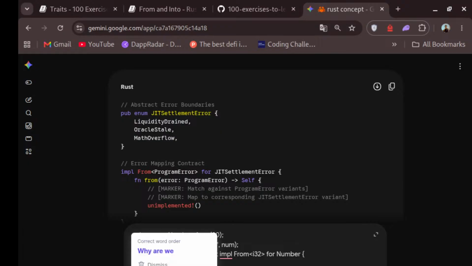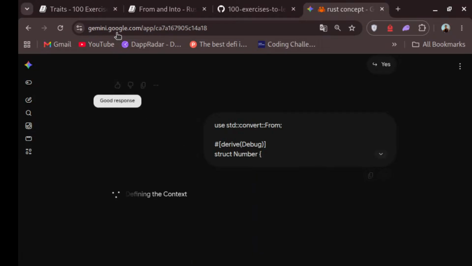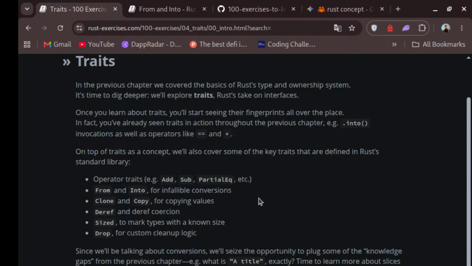Okay, so this is how we should use the AI, because AI is our co-pilot. Okay, it will help us learn fast.